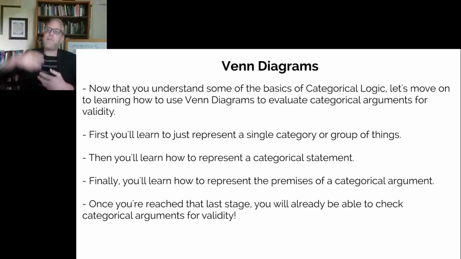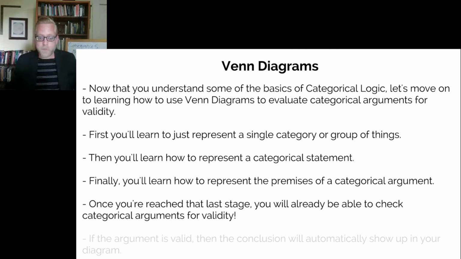If it doesn't show up, then it's invalid. Again, you don't really understand what any of this totally means, but that's the procedure. So I'm just telling you, it's all about learning how to represent the premises onto the three circle construction. And once you know how to do that, you know what to do. I'll show you.